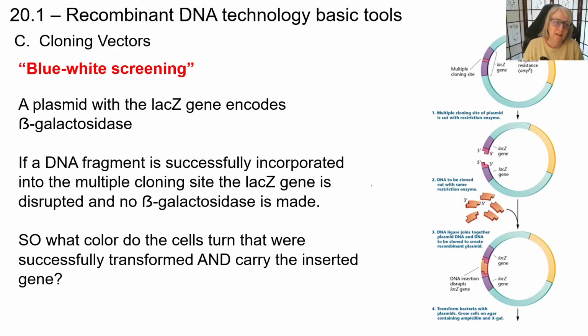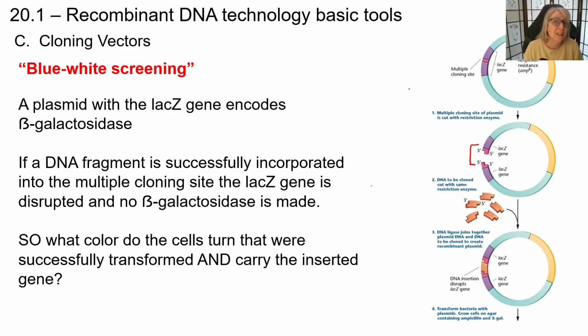Blue-white screening relies on the fact that I insert a plasmid with the LAC-Z gene that encodes for beta-galactosidase. And my cleavage site, where I am using a restriction enzyme to add in a new gene, is in the middle of the LAC-Z gene.